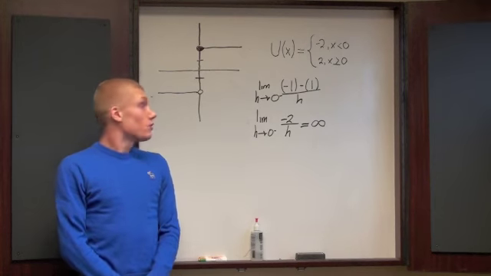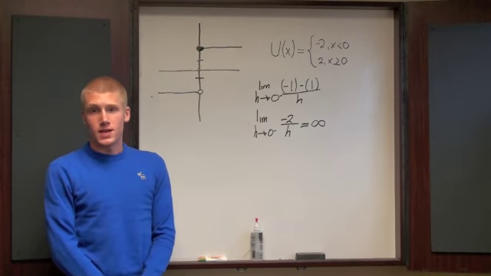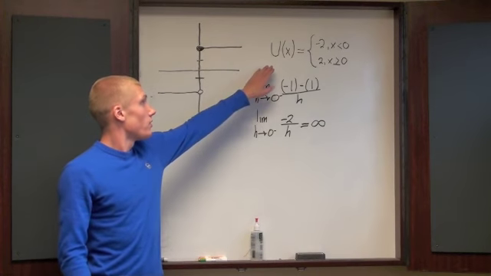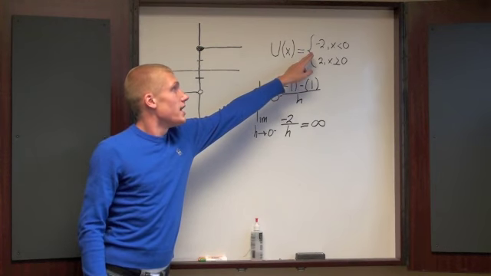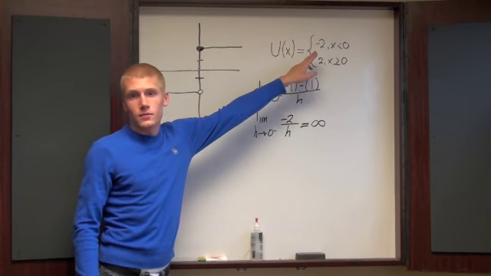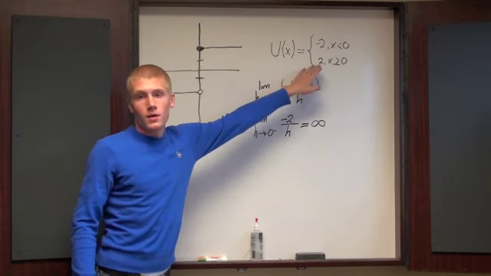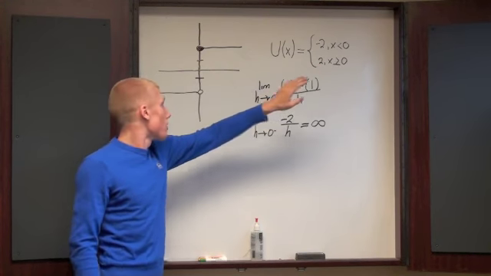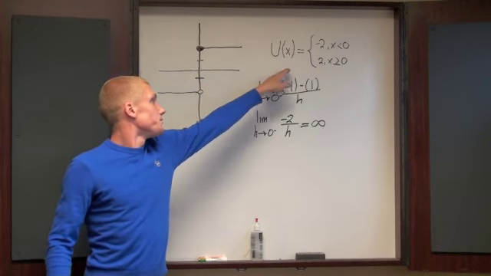The fourth example I'll be showing you of how f prime of x might fail to exist is the discontinuity, u of x equals -2 when x is less than 0, and 2 when x is greater than or equal to 0, given by this graph.